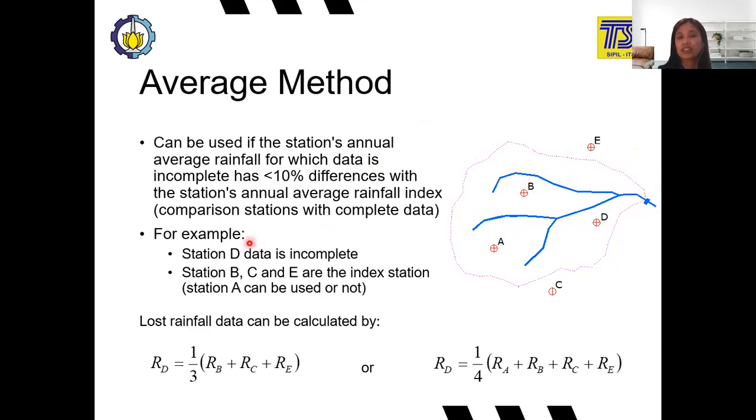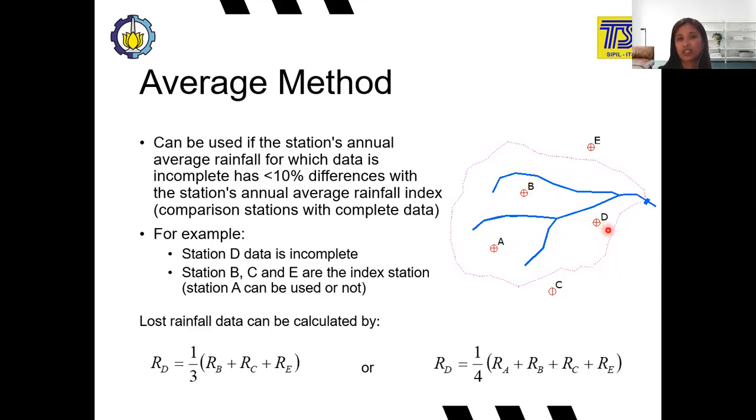In this case, for example, the station D data is incomplete. Here we have station D. What does incomplete data mean? For example, in 1 year, there are daily rainfall data. As you know, 1 year consists of 365 days, and you should have 365 data of daily rainfall.